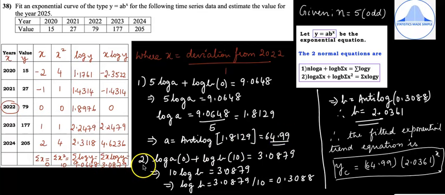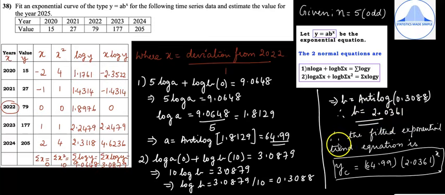Now take the second normal equation and substitute the values. So you'll get log A into 0 plus log B into 10 is 3.0879, or 10 log B is 3.0879, or log B is 3.0879 divided by 10, which is 0.3088, or B is equal to antilog of 0.3088.